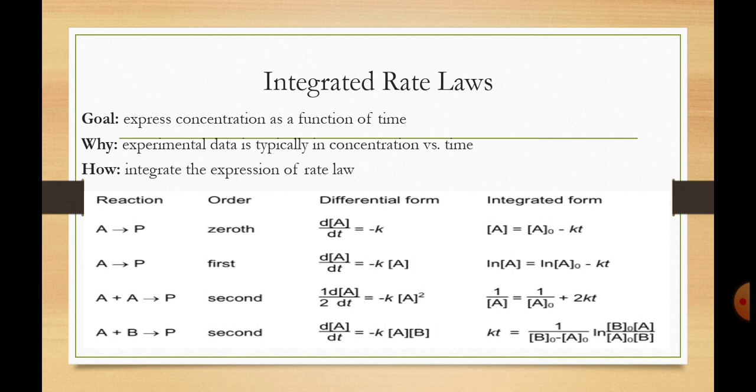If A is combined with B to make product P, it is also a second order reaction. dA divided by dt is equal to minus K concentration of A into concentration of B. The integrated form shows that Kt is equal to 1 by B naught minus A naught, ln B naught concentration of A divided by constant into B. So why have we mentioned half in the third equation while in the fourth equation 1?